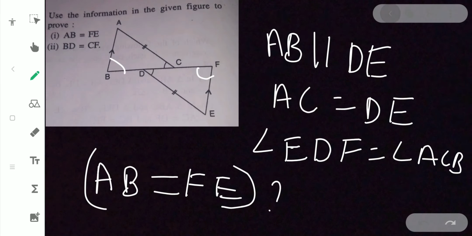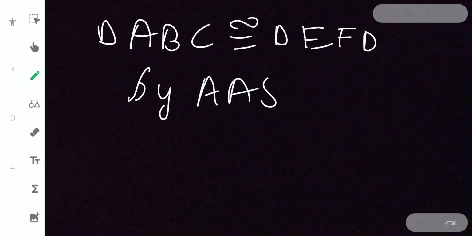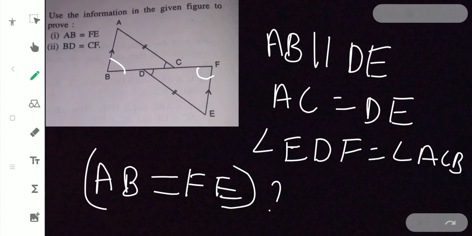So now we have to prove AB is equal to FE. So AB will be equal to FE by CPCTC. So hence proved.